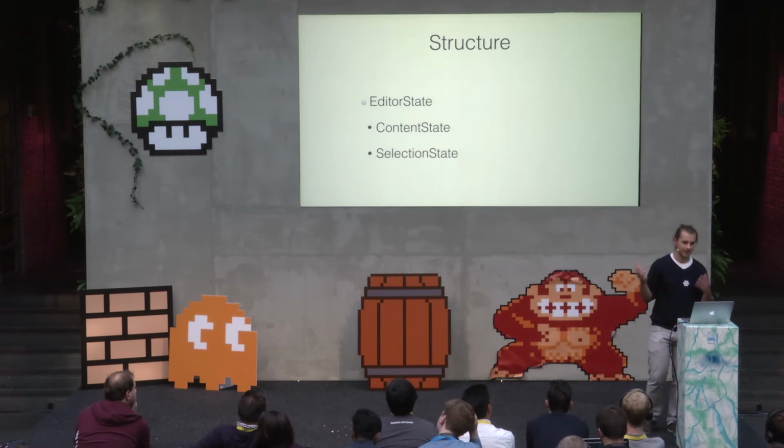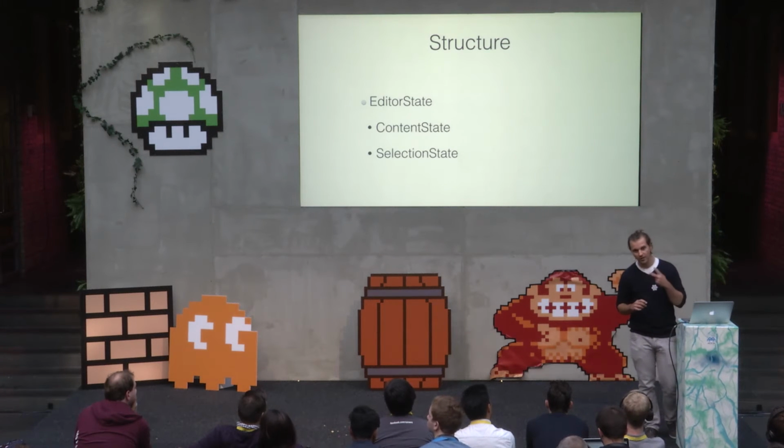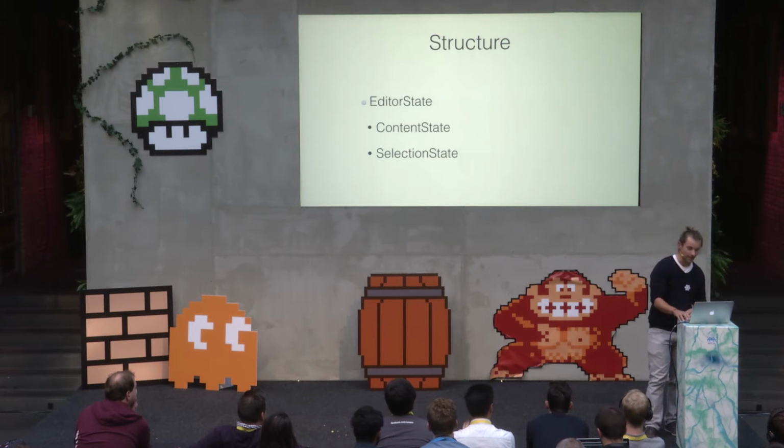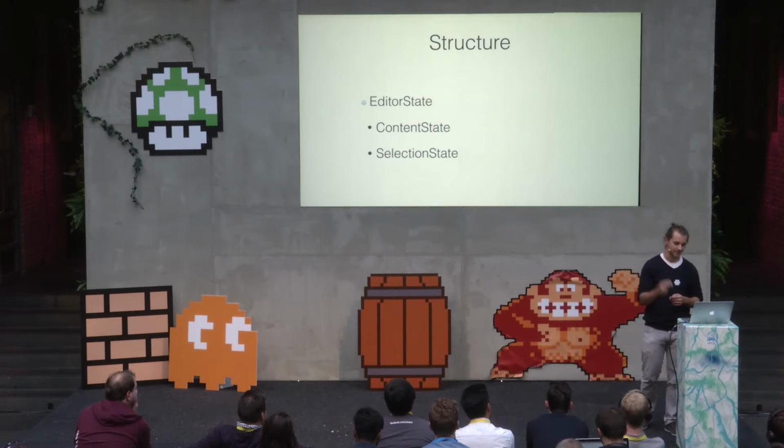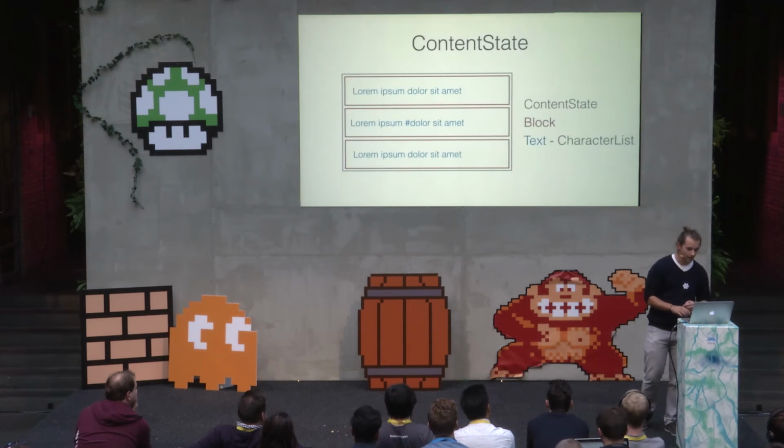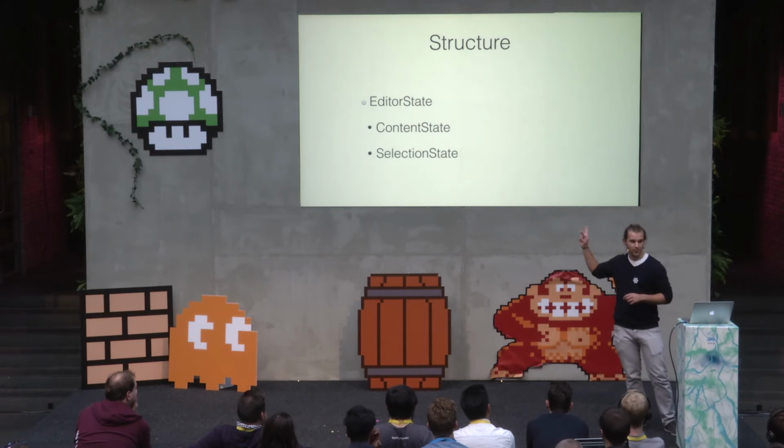I told you we have the editor state. And there are two really important parts that you can use most of the time if you build features with Draft.js. At least I did. One is the content state, and the second is the selection state. The selection state, so there's an important fact there.